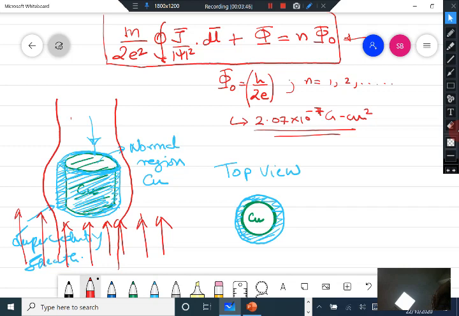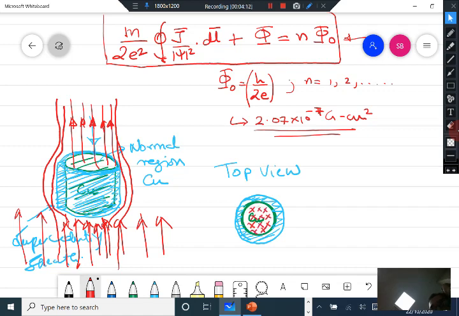So there will be magnetic flux which will be present inside the core.